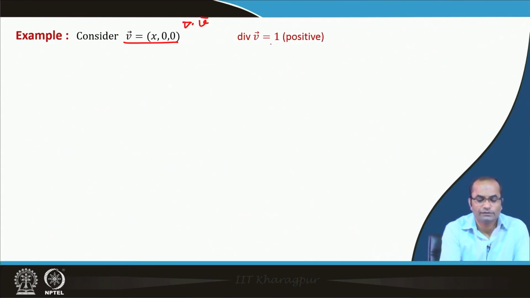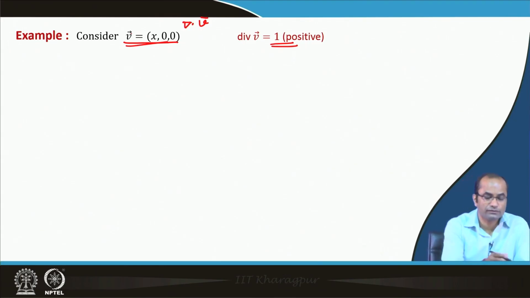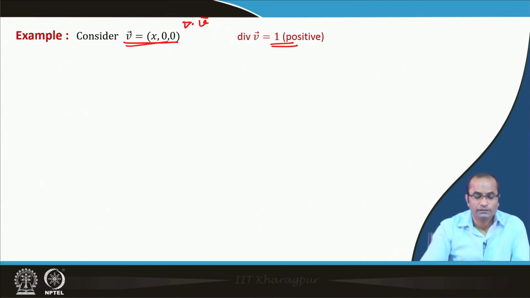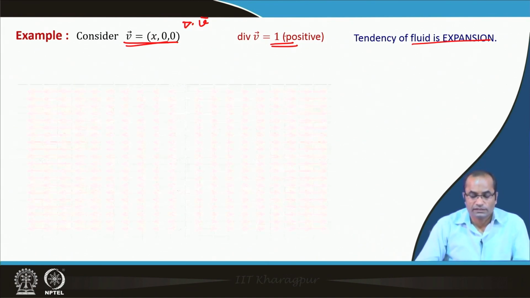So, the divergence for this given vector field is 1, which is positive. That means the tendency of this vector field is for expansion. If we consider this as the velocity field of a fluid, then this signifies that the tendency of the fluid at that point is expansion.